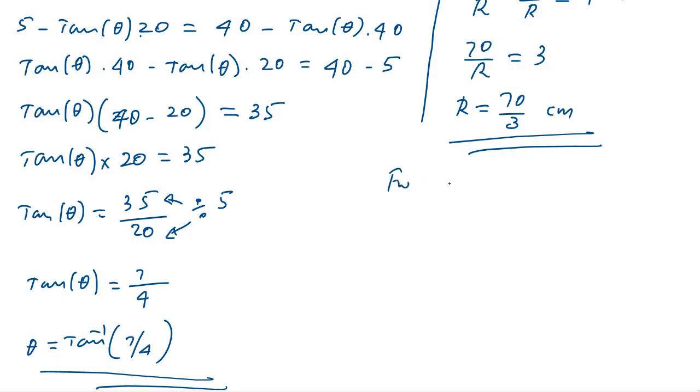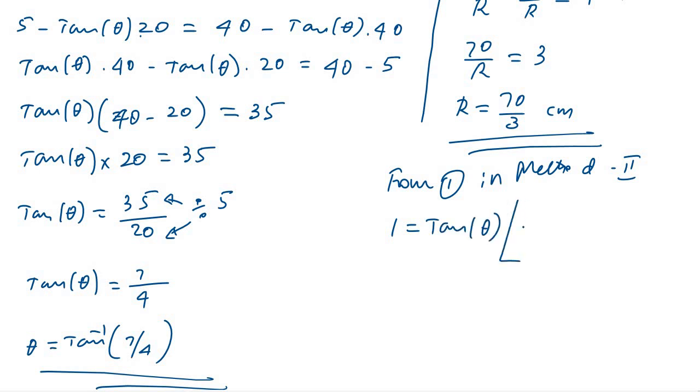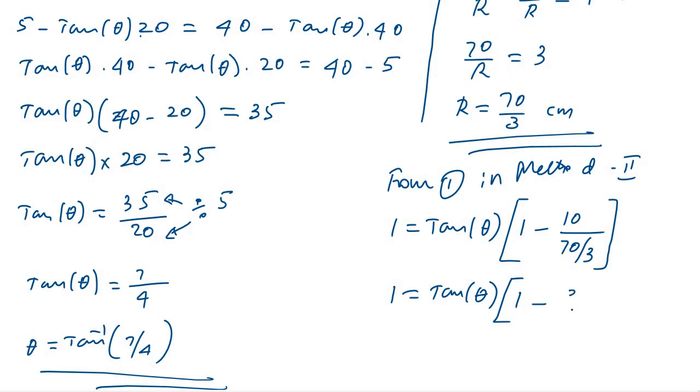So from 1 in method 2, 1 equals tan theta, in the bracket it is 1 minus 10 divided by r, and r is 70 by 3. So this is 1 equals tan theta, and in the bracket I get 1 minus 30 by 70.